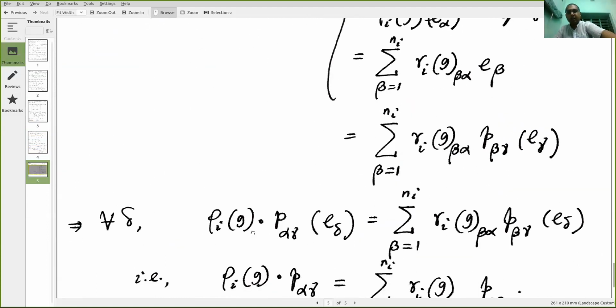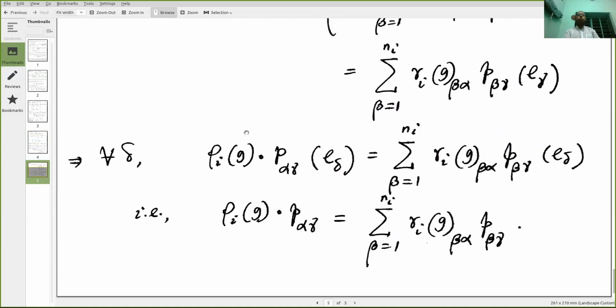So this is what we have proved when rho is rho I, and in general rho is rho J, where rho J is one of the irreducible representations. And in fact, this is not just for rho J. Any representation isomorphic to these rho J's, even this will hold, passing through an appropriate isomorphism.